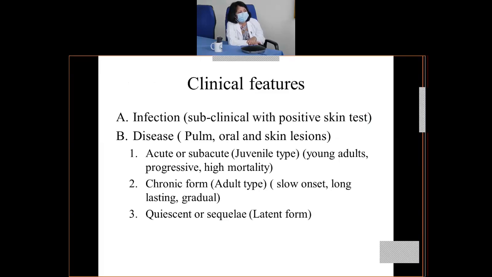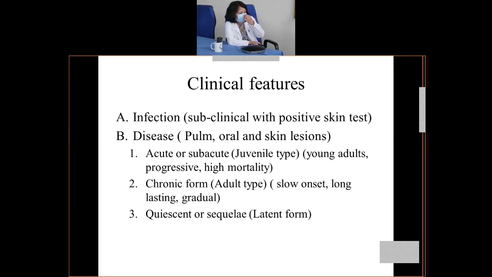And it can be of different types, that is acute or subacute, which is also known as a juvenile type. Why is it known as juvenile type? Because it is common in young adults. It is progressive and there's a high mortality. And the chronic form, that is the adult type, happens more commonly in adults, and it is slow in onset, long lasting, and gradual.